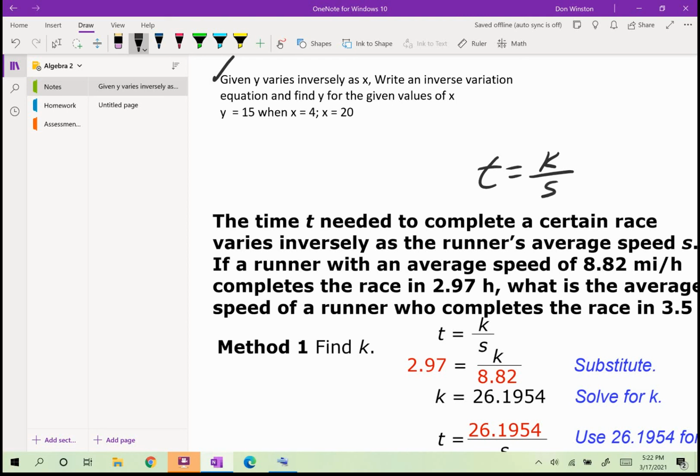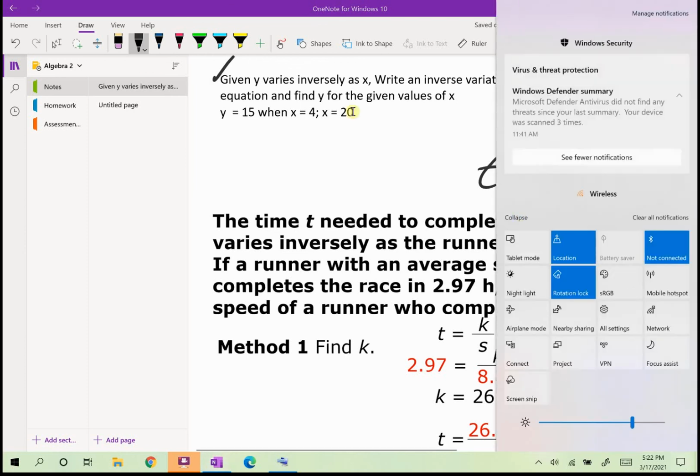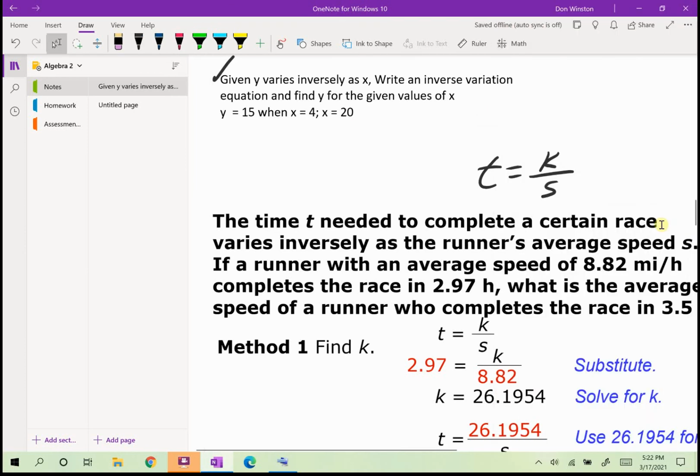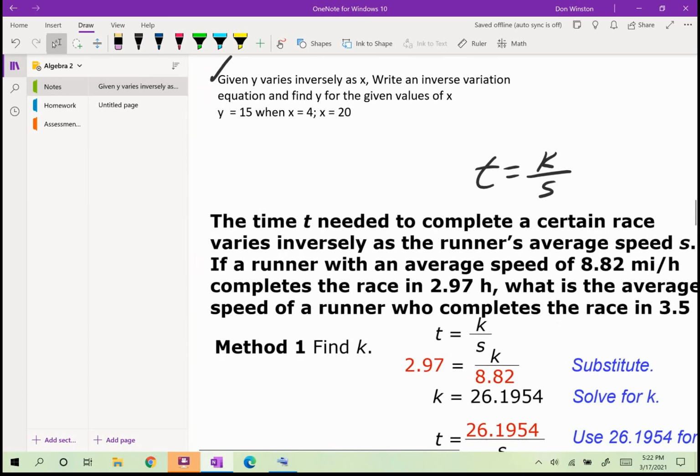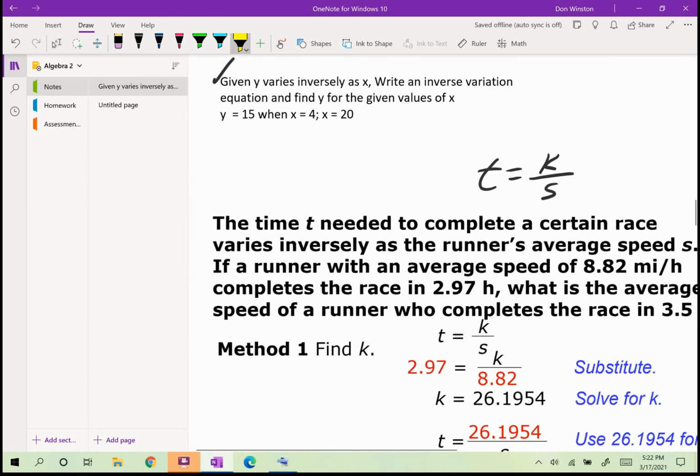If a runner with an average speed of 8.82 miles per hour completes the race in 2.97 hours, what is the average speed of a runner who completes the race in 3.5 hours? So again, we start with the inverse variation equation.